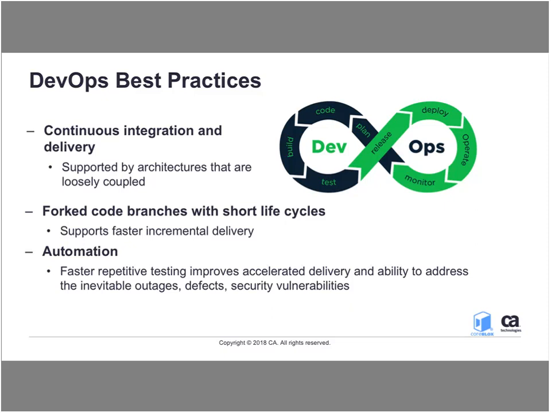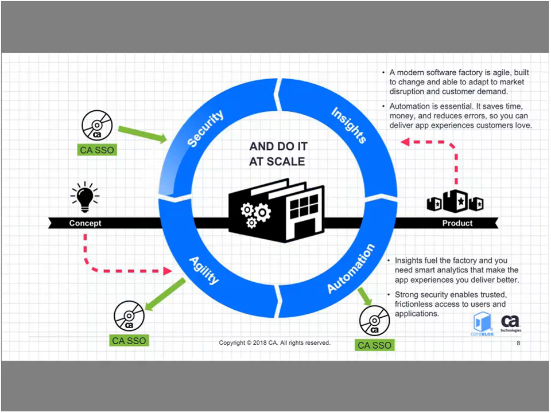How do I deliver faster incremental capabilities to my customer base? And then finally, again, from this concept of automation, how do I do so in a way that's faster and easier to achieve?